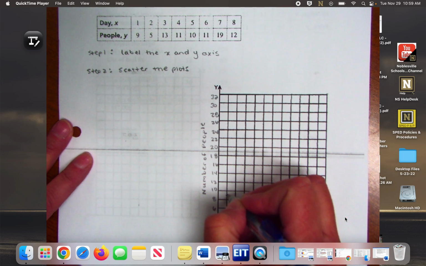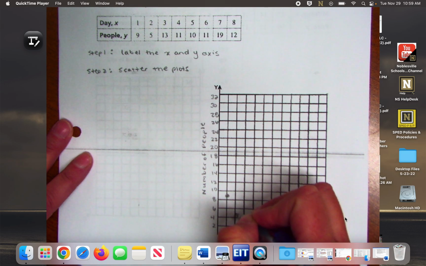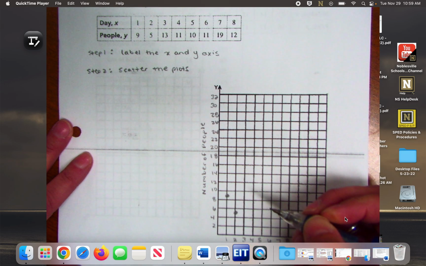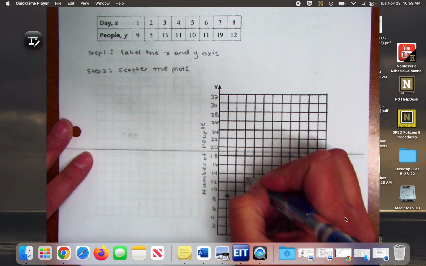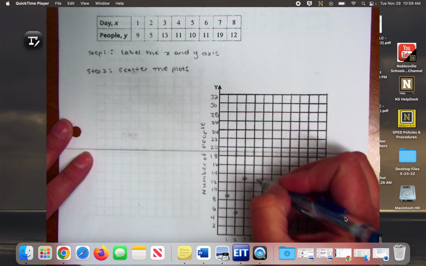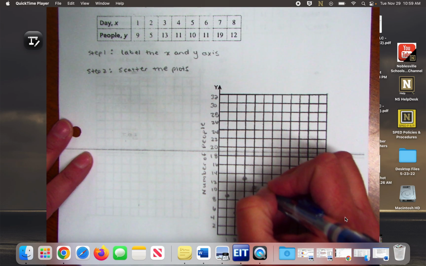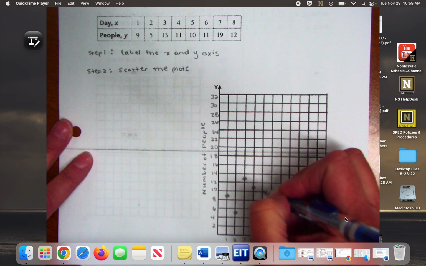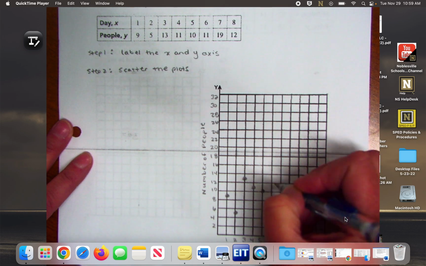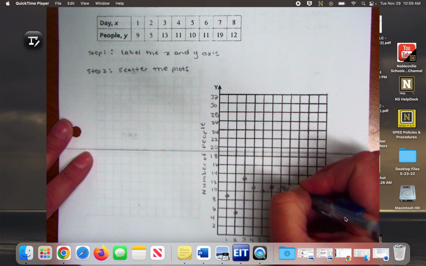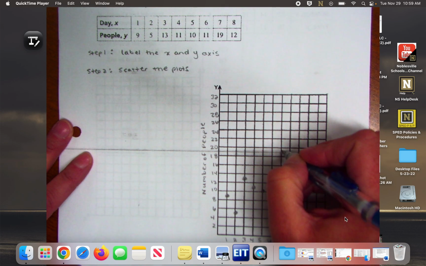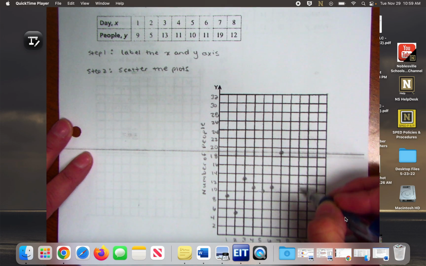So I have 1, 9, 2, 5, 3, 13, 4, 11, 5, 10, 6, 11. Day 7 had 19 visitors, helpers, and day 8 had 12.